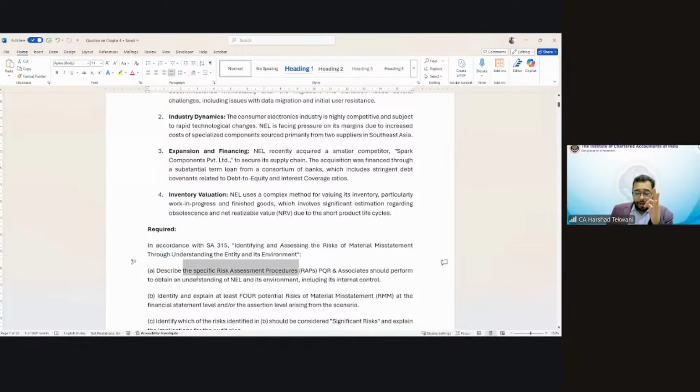Question number two, trust me, it is not that easy, but if you have paid attention to whatever we have discussed till now in both of the sessions, you will be able to answer. And if you answer this particular question, question number two, trust me, you are fully clear on the topic. The question two is, identify and explain at least four potential risks of material misstatement at the financial statement level and the assertion level arising from the scenario.